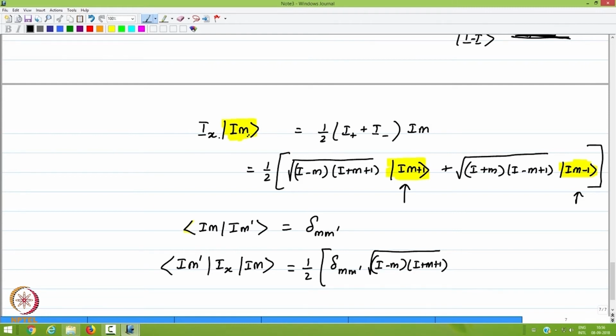Here the m prime has to be equal to m plus 1 in order for Ix on Im, which gives you Im plus 1, to be non-zero.